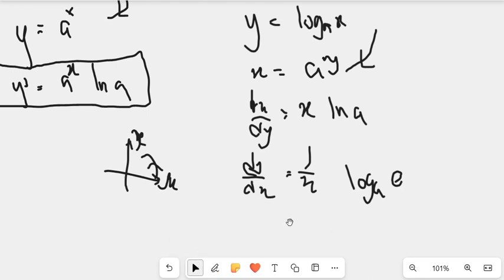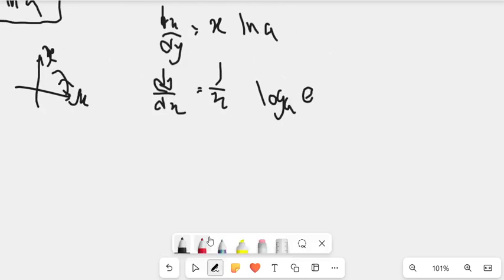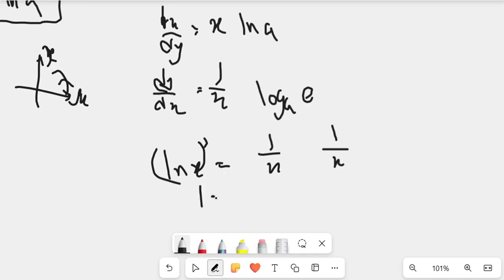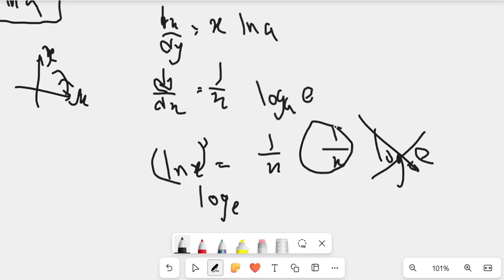So that is the reason why if you take the derivative of ln x, you get 1 over x. Because if you have ln x, you put 1 over x, and then the log base a, the ln is log base e, in case you don't know. So the log base e of e is 1, so this would cancel out, and you would get 1 over x.